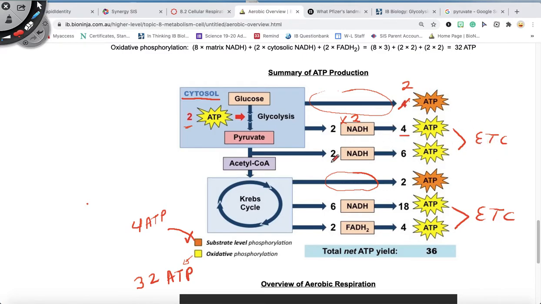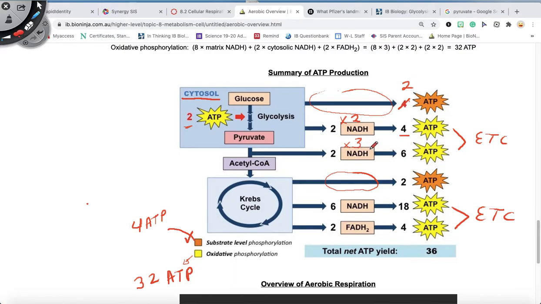Now, if you are a hydrogen carrier that is made in the link reaction, remember that the link reaction happens in the mitochondria. Any hydrogen carrier generated in the mitochondria has the ability to release more ATP molecules per hydrogen carrier.